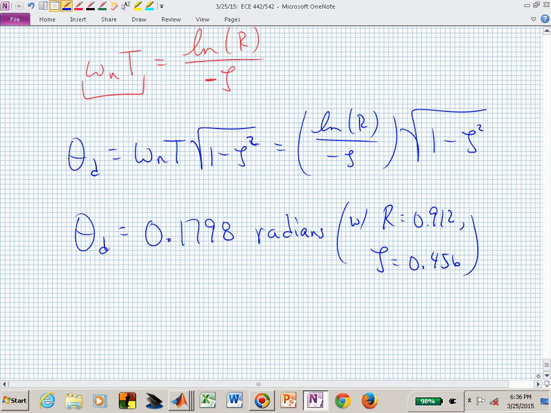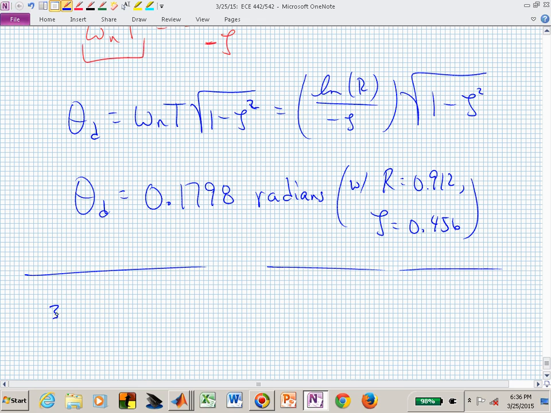Now, ideally, what we would see is that our peak time spec gives us an angle theta sub d relative to 0.1798. What would we ideally like that peak time spec to be producing, to be consistent with these percent overshoot and settling time specs?